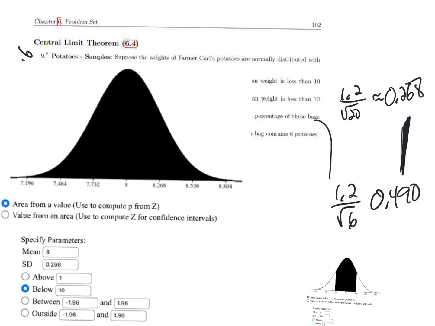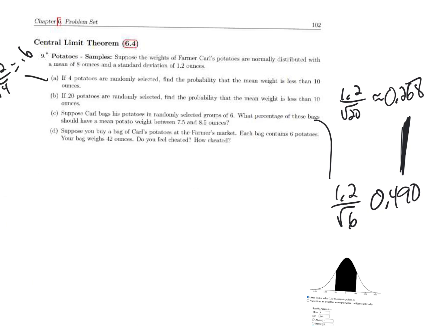So yes, it's a 100% chance we're going to get an average of 20 potatoes that weigh less than 10 ounces. Or the other way, it's very unlikely we're going to get an average of 10 if the mean is 8 with a sample size of 20. That's more of what we're going to do in a couple of weeks.